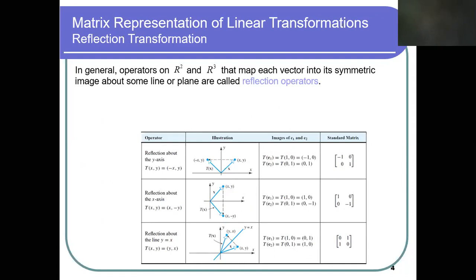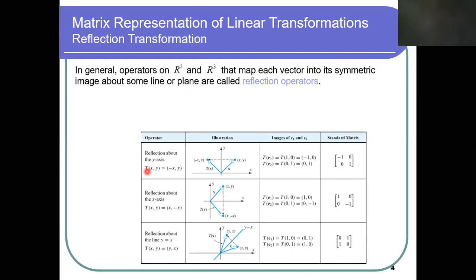In general, a reflection operator on a two-dimensional or three-dimensional vector space maps each vector into a symmetric image, about some line or about some plane. When we discuss these in a plane, our matrix will be extended from 2 by 2 matrices to 3 by 3 matrices. Let us come up with an example.